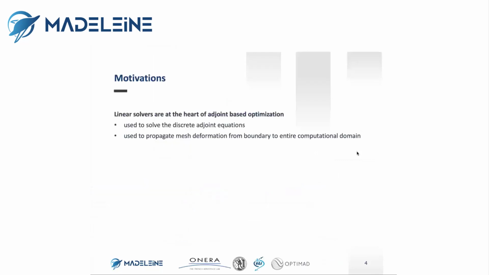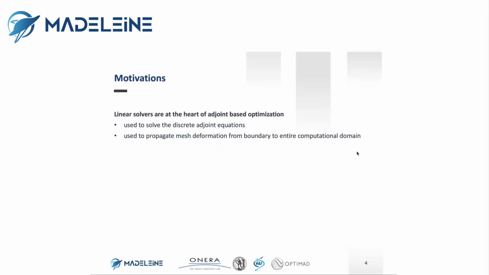So, the role of linear solvers. You see, when we are talking about adjoint-based optimization, there are two primary solution steps. So first, the primary equations have to be solved, and afterwards the adjoint equations. The adjoint equations are by definition linear equations. It's a linear system, and so it takes a linear solver to resolve them.